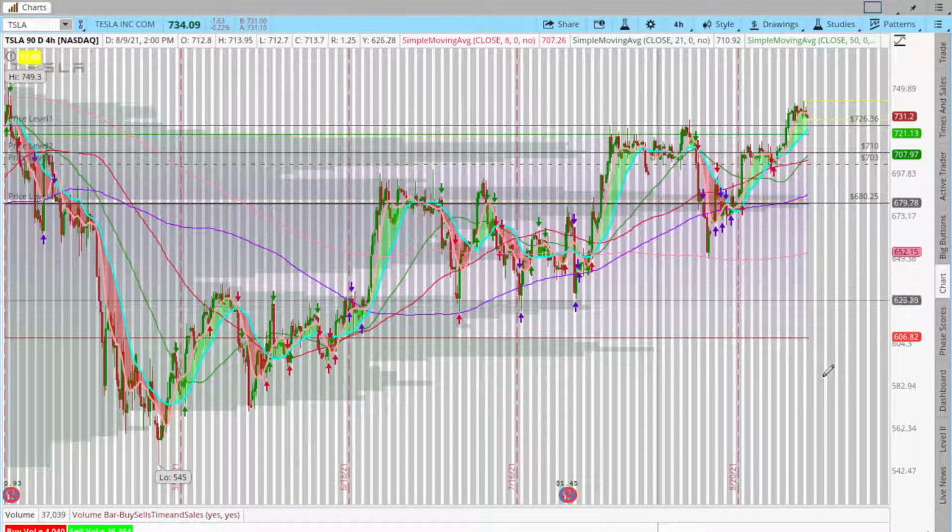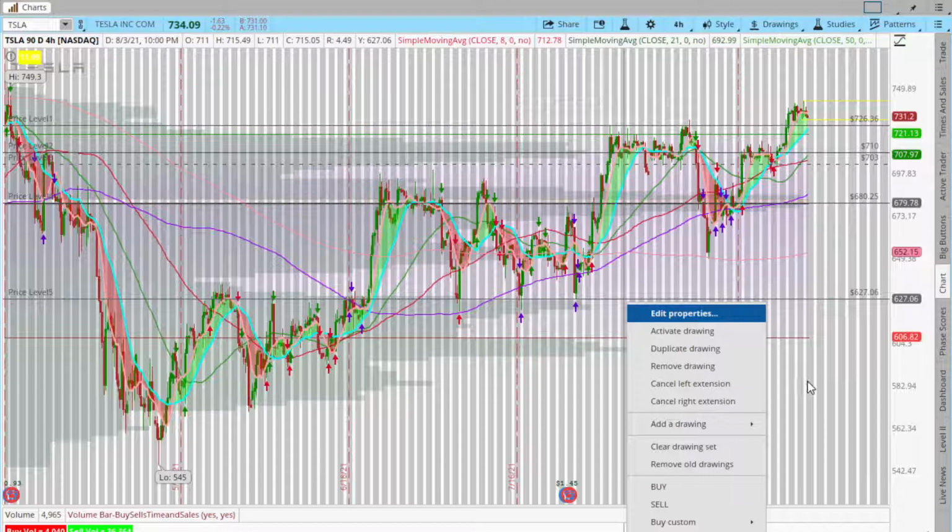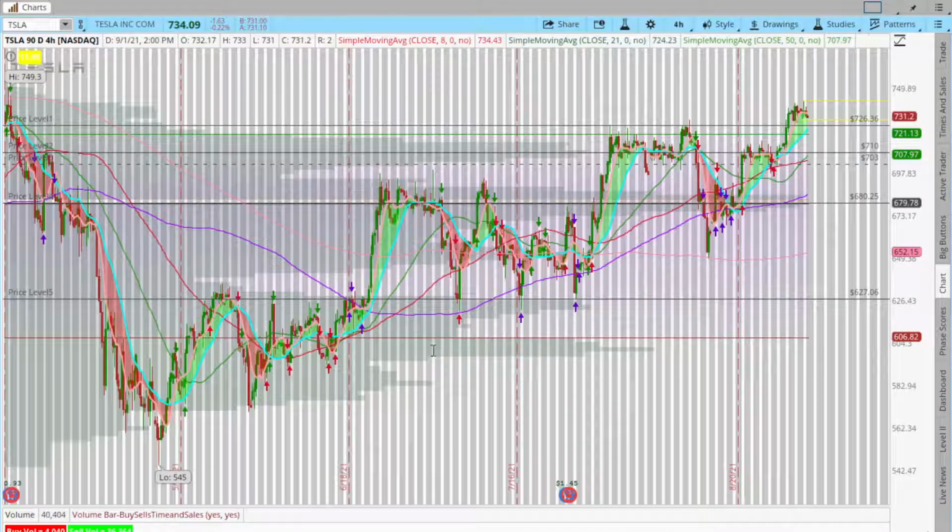And then you want to see if they match up with each other. So this general area, it's not a hard level, it's more of a range on Tesla in this particular instance. I'm going to go ahead and throw my level right there, so it ends up being about 626.